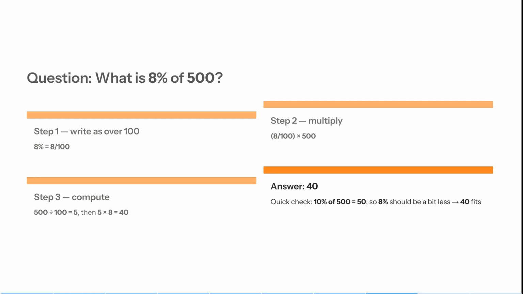So quick check, or the other method. 10% of 500 is 50, so 8% should be a little bit less than that. So 40 fits, perhaps not an exact way of checking it there. We could perhaps do a bit better than that.